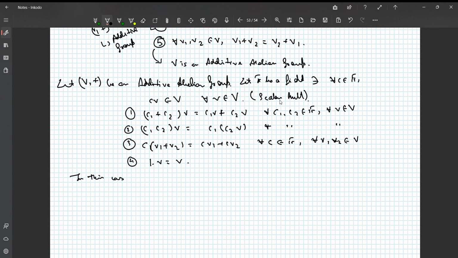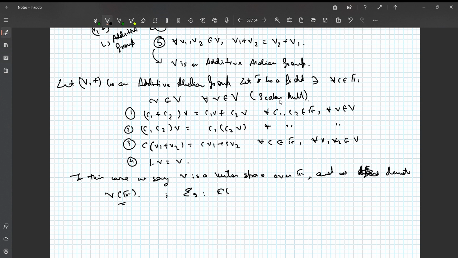over F. Clear? And we denote this as V over F. There are a majority of examples like C over itself, C over R, C over Q, R over itself, R over Q. Basically, any arbitrary field F, and any n-tuple field over the field F itself.